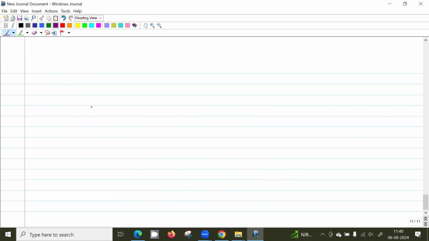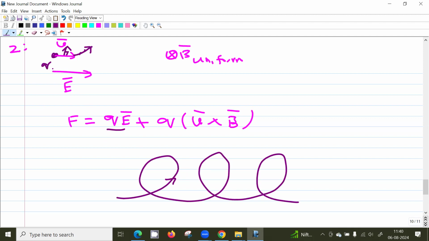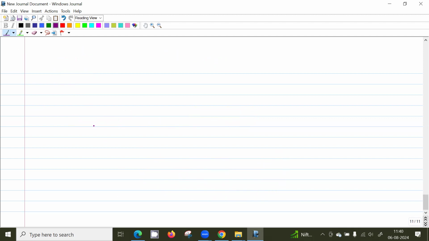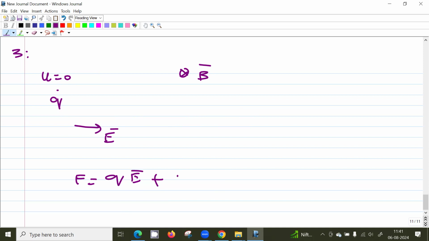Actually, a still simpler case than this will be, okay. Even if we don't have initial velocity, if we just have this charged particle and the electric field is towards right, and the magnetic field is, say, cross, to start with, the initial velocity is 0. So u is 0. Force is Q E plus Q V cross B. To start with, this force will be 0 because V is 0.